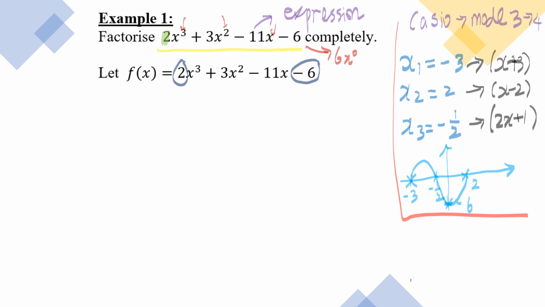Alright, so what I'm saying is that if you're asked to factorize f(x) and you just give your answer as this, now remember you won't be getting all the marks, because the calculator is just a means for you to find one factor.